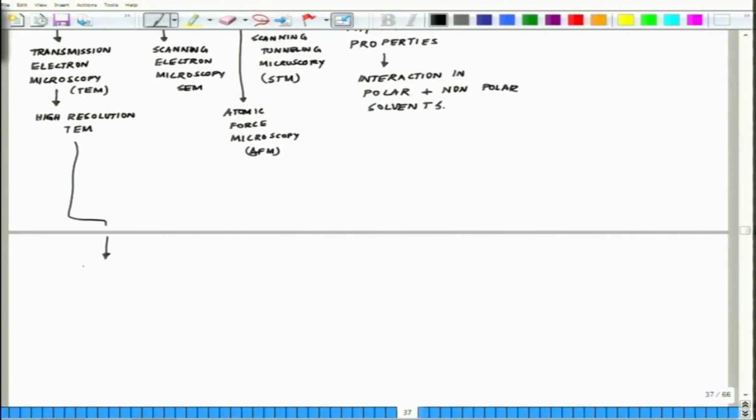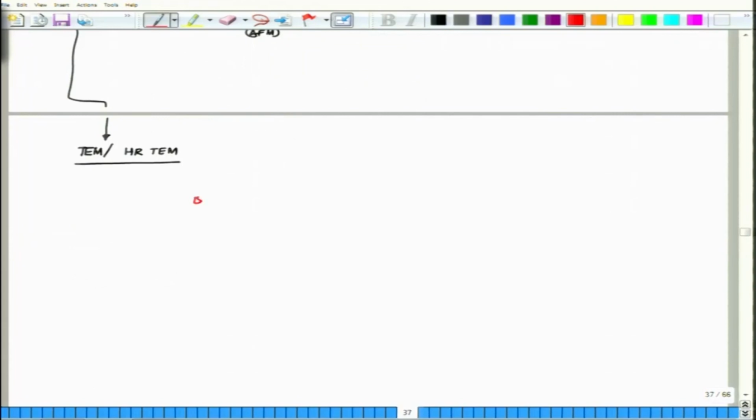Okay, so when you talk about TEM or high resolution TEM, sometimes it is called HR TEM. So, say for example, this is your material, this is the geometry of the material which is there in front of you, and say these are nanoparticles, and this is what you want to study in a high resolution TEM.